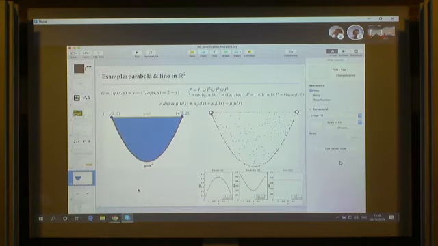Okay, so let me show a simple example of stratification to illustrate the notation. So in this example, I'm going to start with a parabola and a line. So I have two equations. One equation is y minus x squared, which if it's equality, I get this red curve.